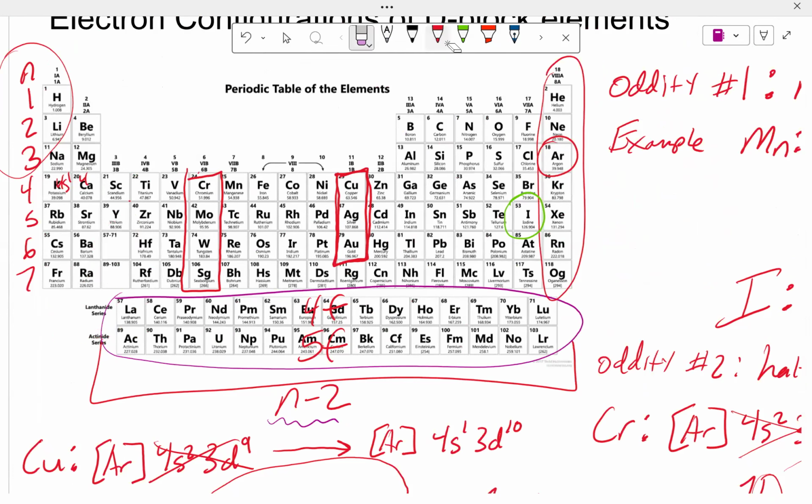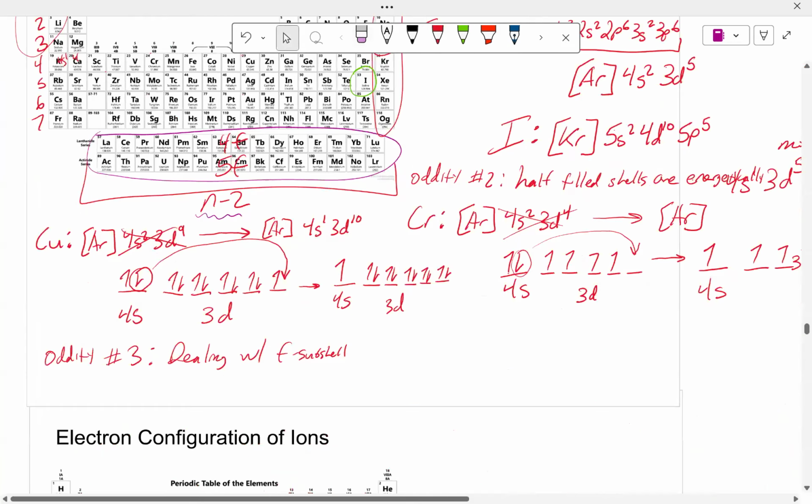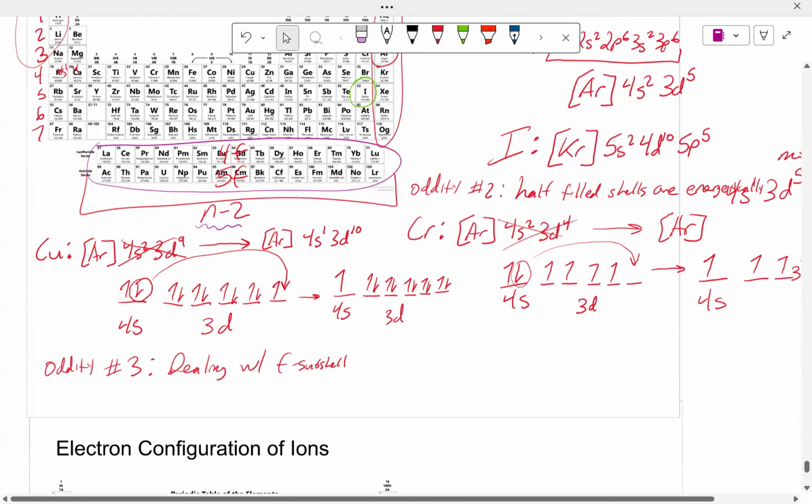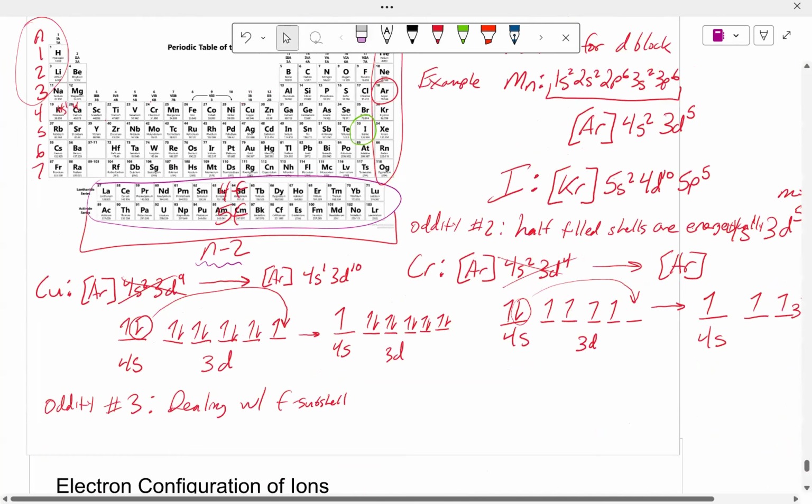So let me show you how we deal with an element that goes into the f subshell. So we're going to use bismuth here, number 83.